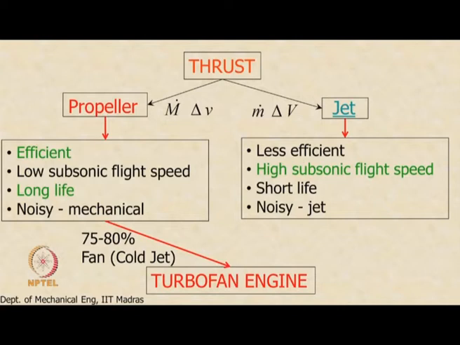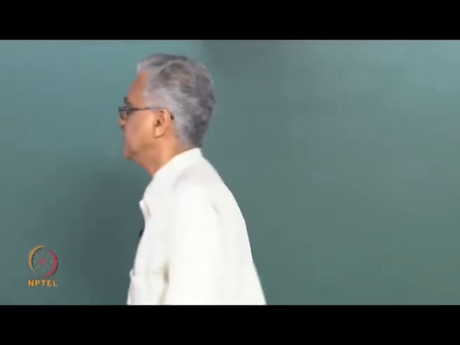Again, remember, up to 80% of the thrust is generated using the fan, and about 20 to 25% of the thrust is generated using a hot jet. So, it retains the advantages of both, and hence it has extremely good fuel efficiency, and it is used very widely today in the industry.